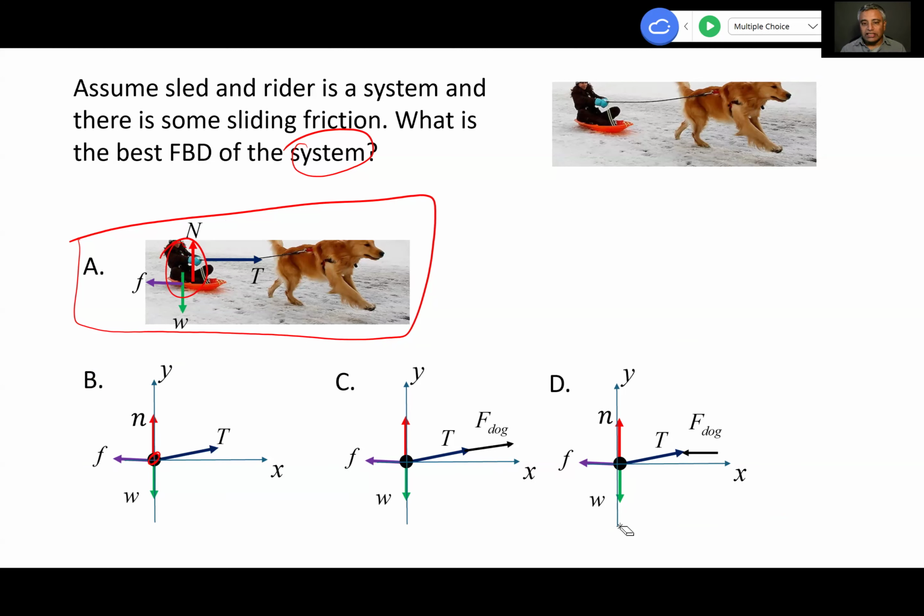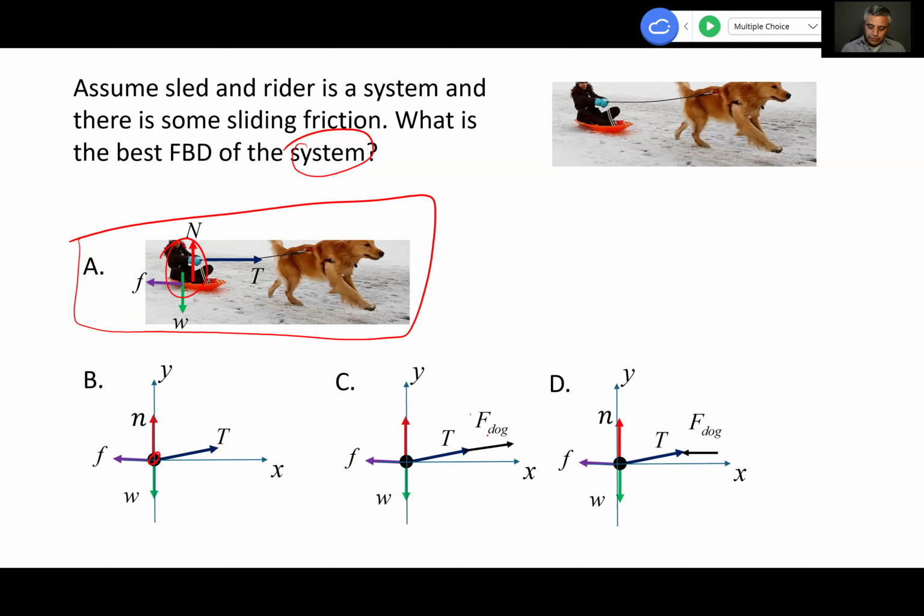Is the dog pulling the sled? Type please yes or no in your chat. Okay, I saw a few responses there. So the dog is not pulling the sled.